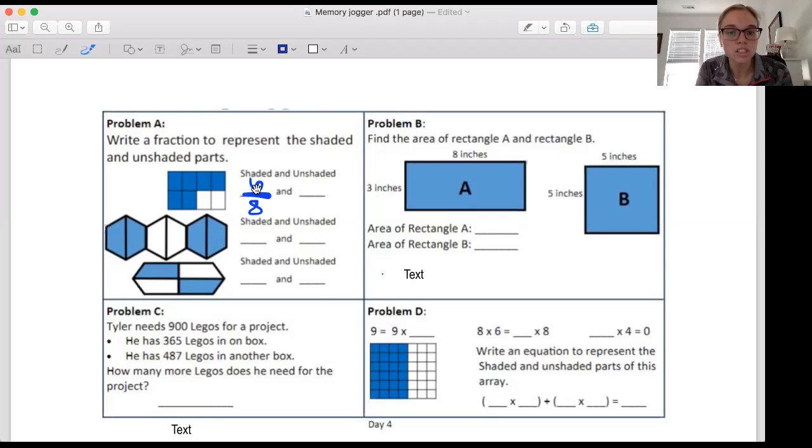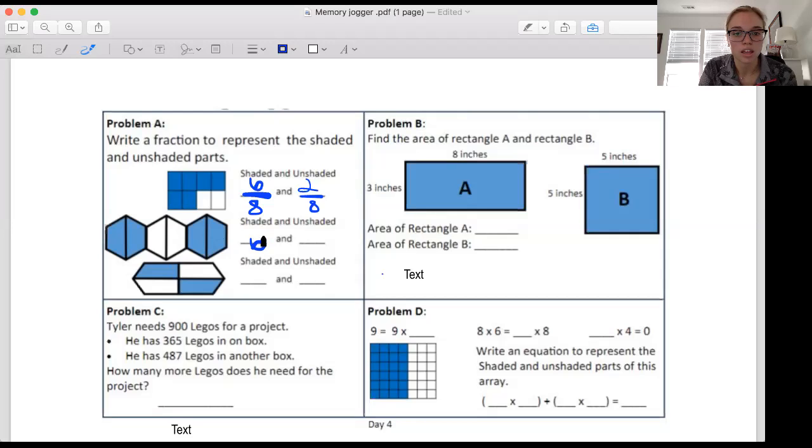So our unshaded would be the pieces that are not shaded in, would be 2, and our denominator would be, again, 8, because we have 8 total pieces. For this one, it's a little bit tricky of a shape. There are 1, 2, 3, 4, 5, 6 total pieces, so that's going to be our denominator.